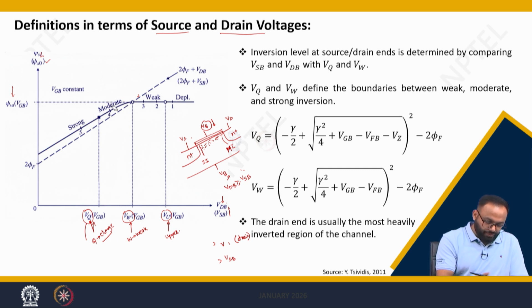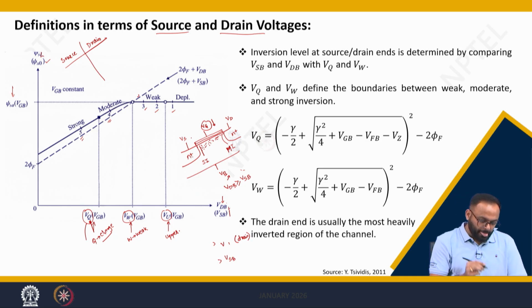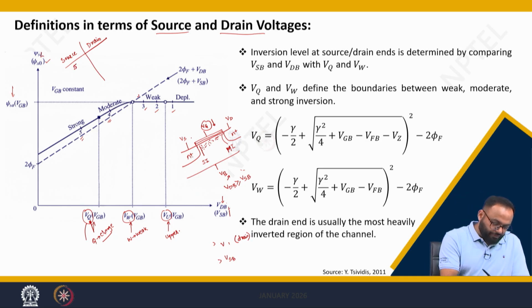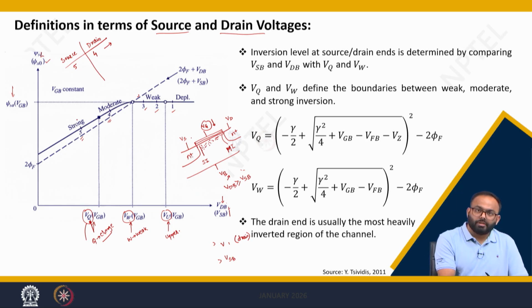To understand this, let us consider a few points in our graph as 5, 4, 3, 2 and 1. Let us consider my source and drain condition, and you can find out in which region of operation you are. So if my source is at 0.5, my drain is at 0.4, the most heavily inverted channel is in strong inversion, which is at the source.